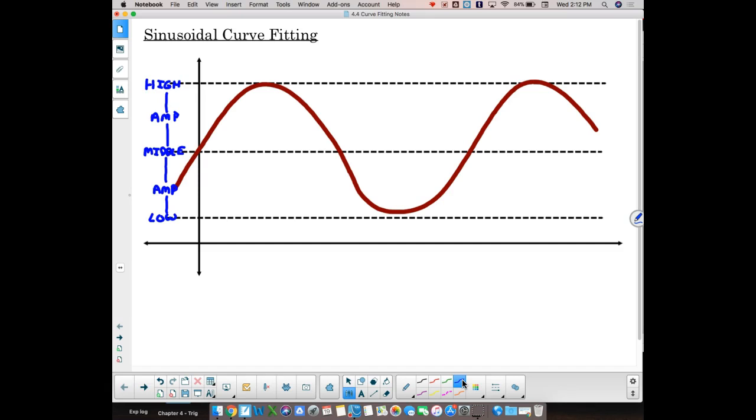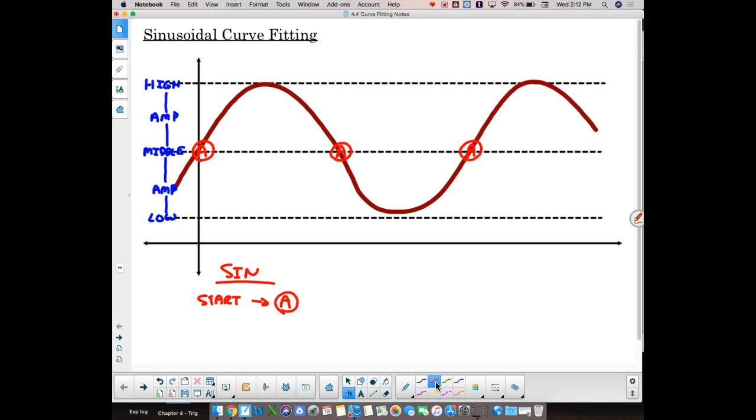If I'm dealing with a sine function, then my start, I'll call them A's. So I could start there, I could start there, or I could start there.